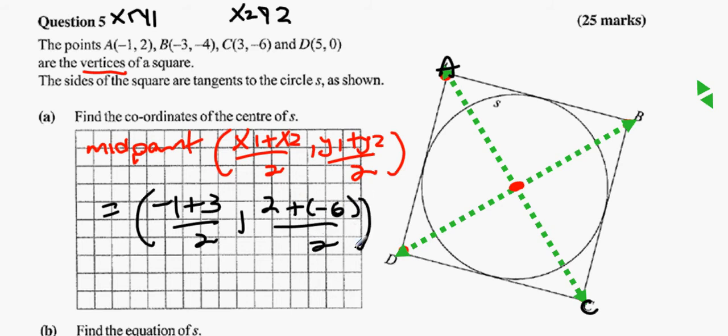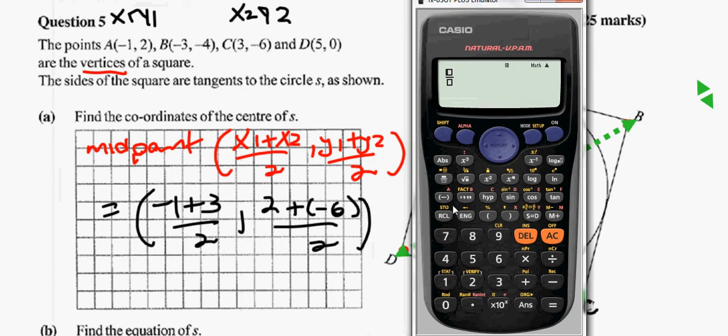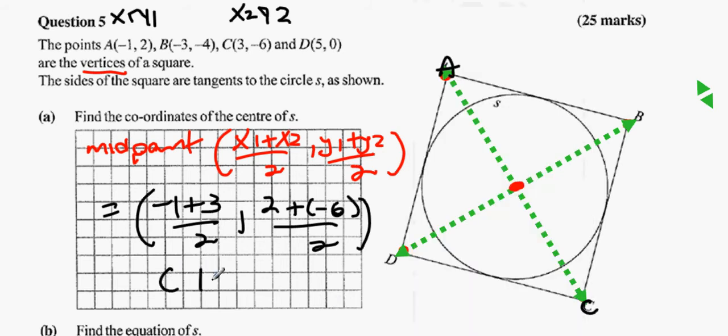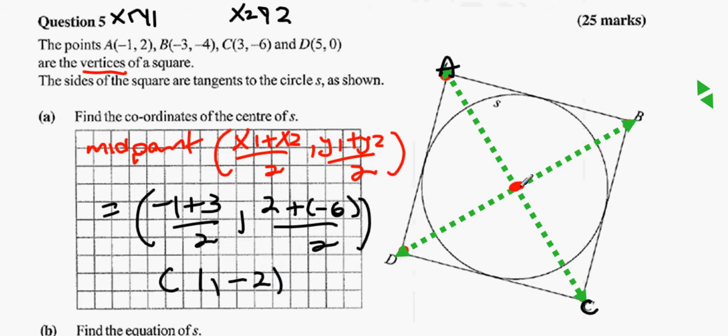Once again, we can make this quite easy by going straight to the calculator and entering our numbers. The first one's going to be 1, and the second one, 2 plus minus 6. Just make sure to always use your brackets, to prevent any easy errors occurring. And that's going to be minus 2. So (1, minus 2) is the midpoint, the center of the circle. This is also the center of BC.